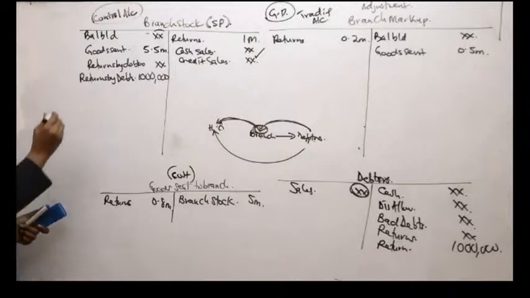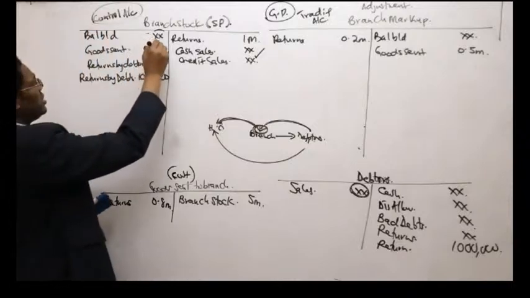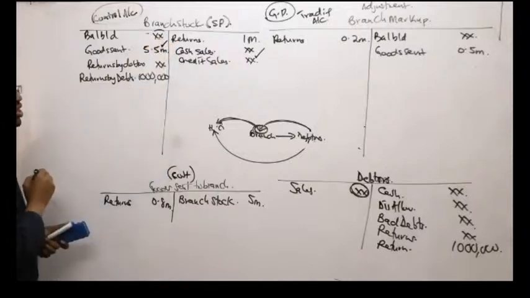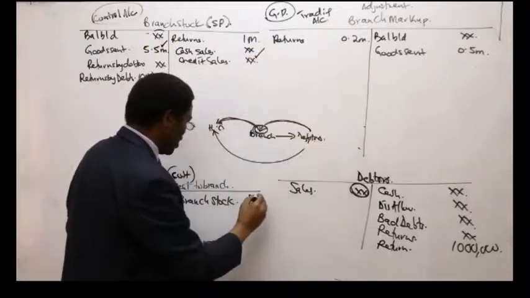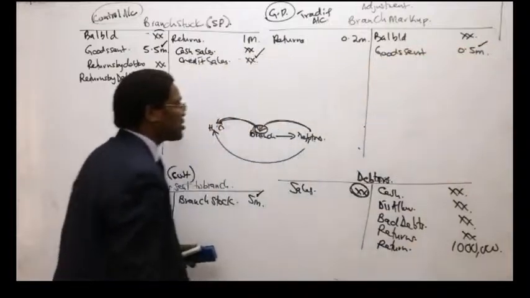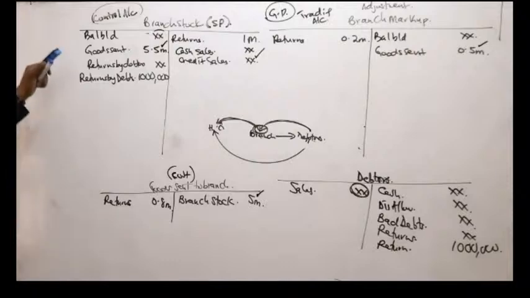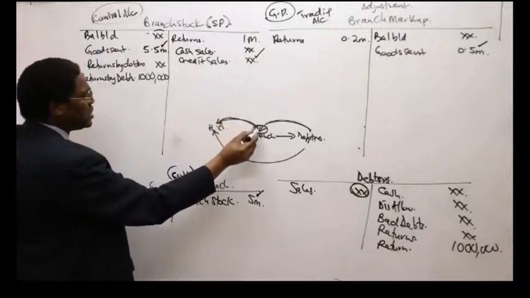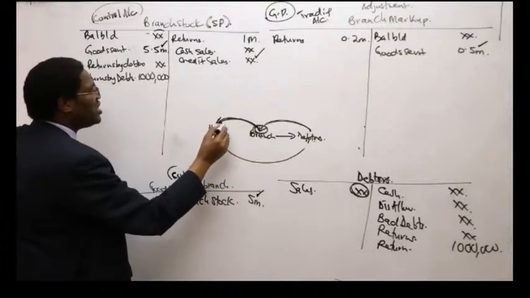You remember, when you were sending them to the branch, we debited branch stock. We credited goods sent to branch at cost price, and we credited branch markup with a profit loading. That was the entry we made when we were sending goods to the branch. Now that the branch is assumed to be returning to the head office, we reverse that entry.